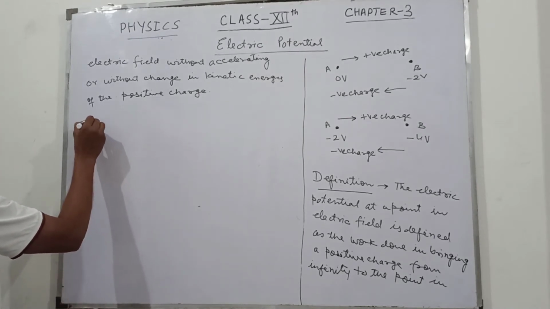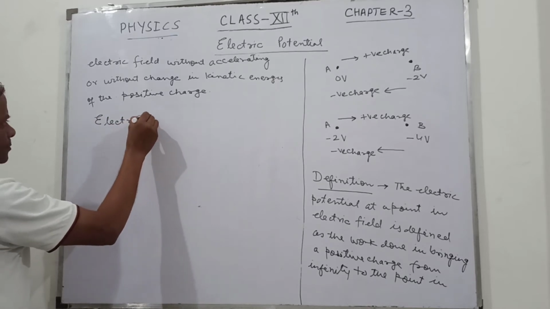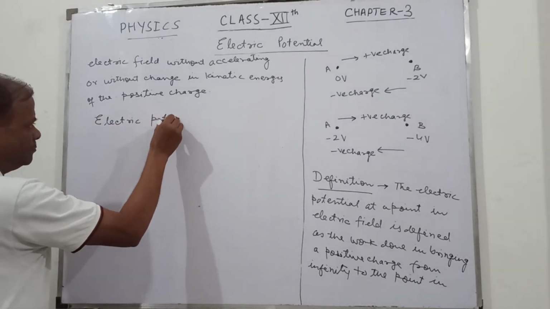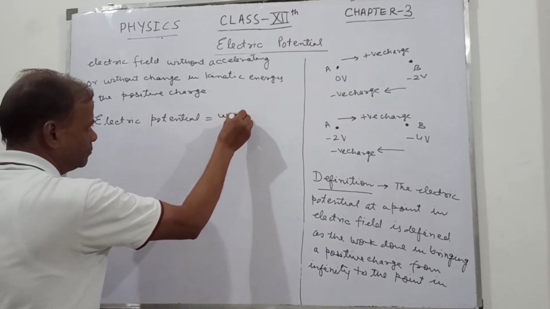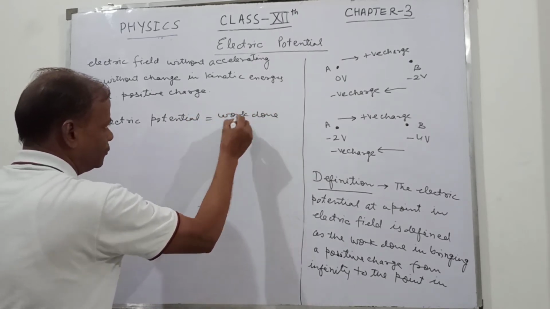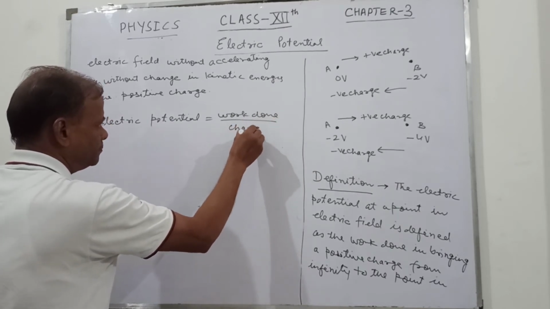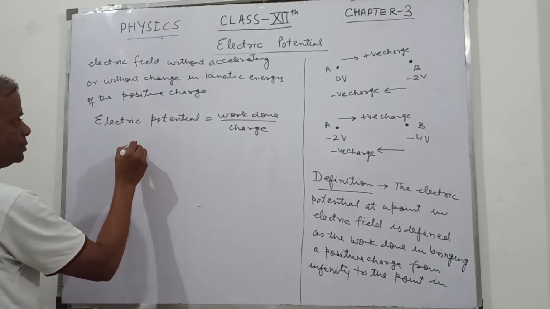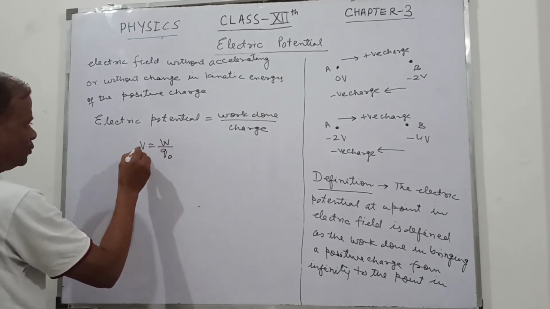So electric potential equal to work done upon charge. So this V equal to W upon Q naught.